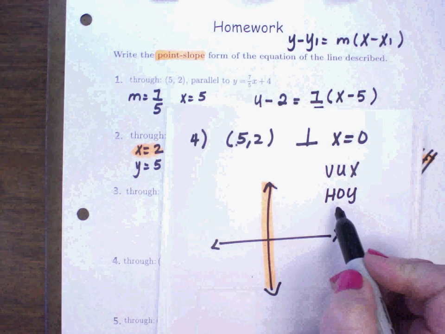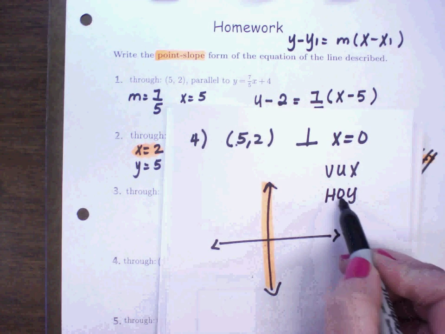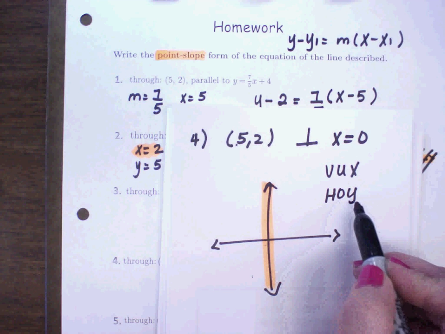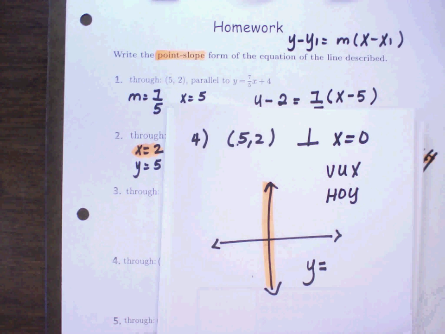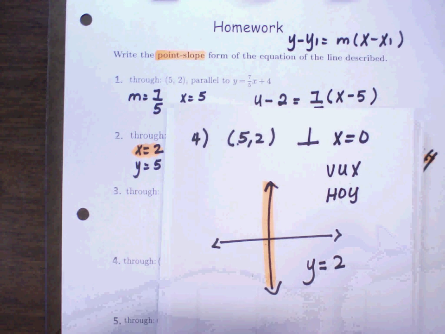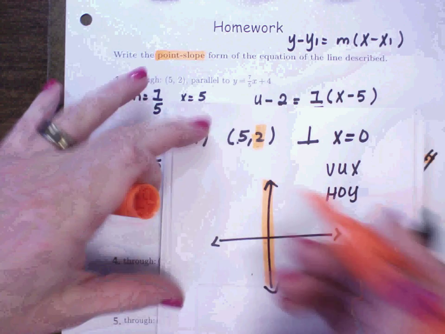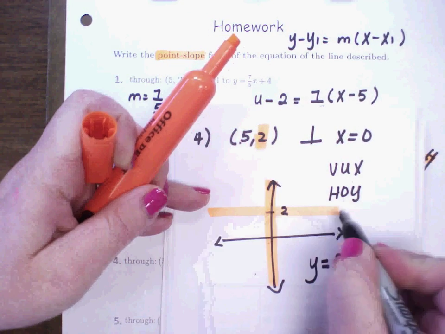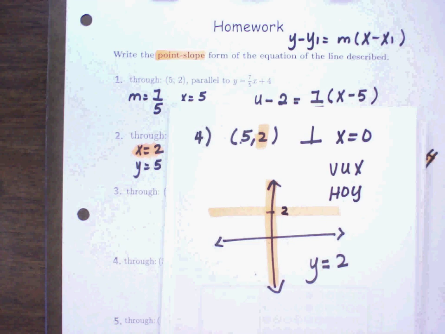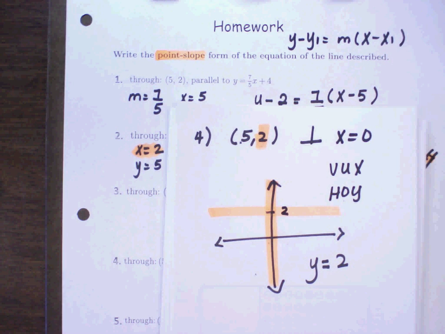Horizontal line with a slope of 0 where y equals a number. So what is the equation that is perpendicular to that? Y needs to be equal to 2. Thank you. It's right there. So you come over here to 2, and that is the line that is perpendicular to x equals 0. The y equals 2. The x equals 0.